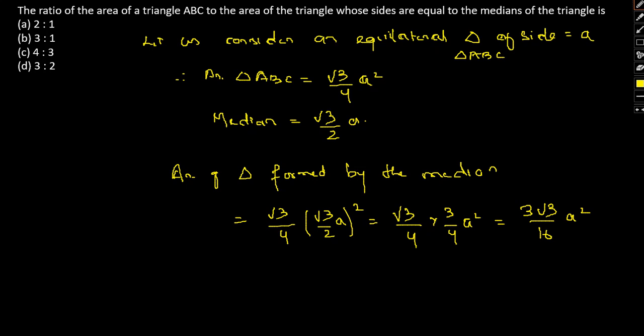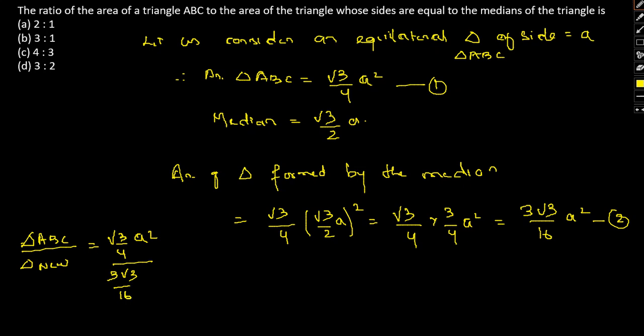So now we have our two triangles, first being triangle ABC, which is the original triangle, and the second being the triangle which is formed from the median. So now if we are to compare both these triangles, say triangle ABC to the new triangle, it will simply be root 3 by 4 a square by 3 root 3 by 16 a square.